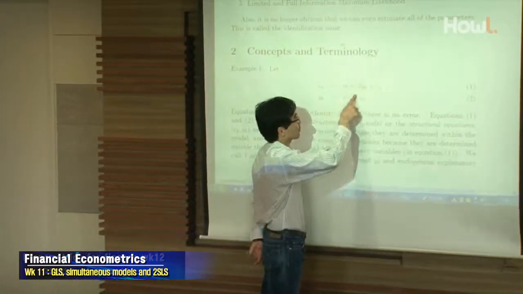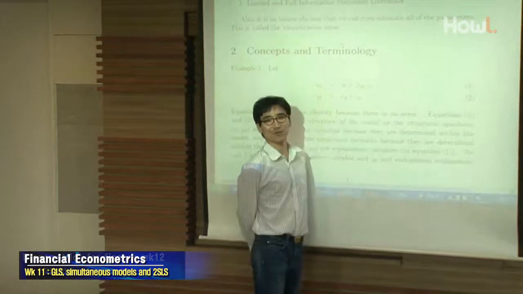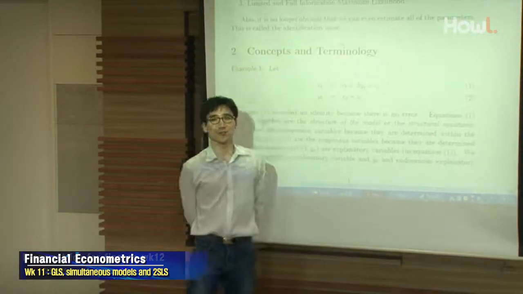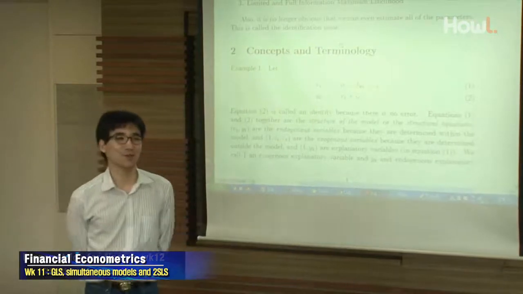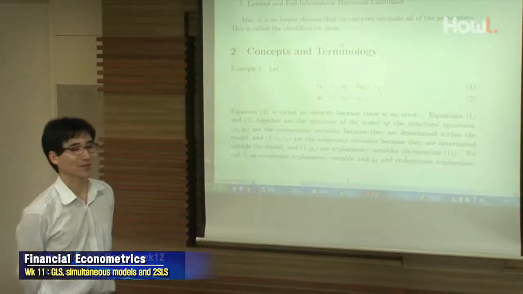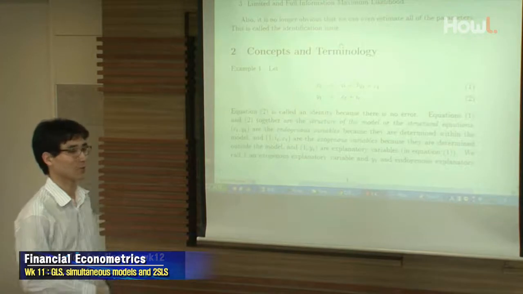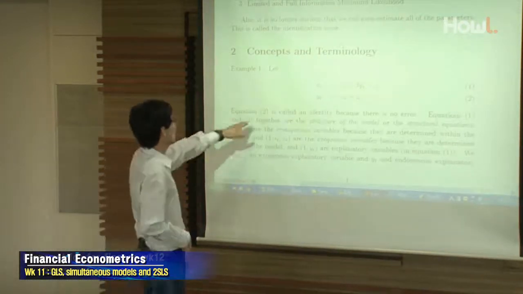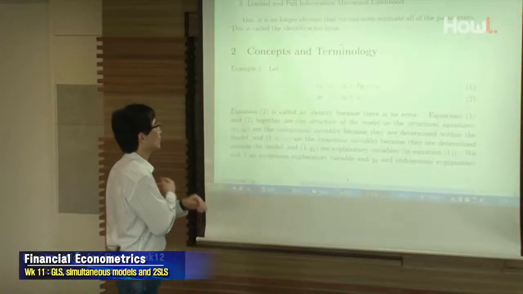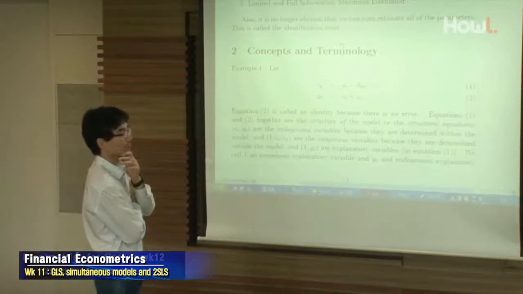There is no error term because it is just an identity. GDP is the sum of consumption plus investment plus government expenditure and international trade. That's just a definition, an identity. So equation 2 is called an identity because there is no error.